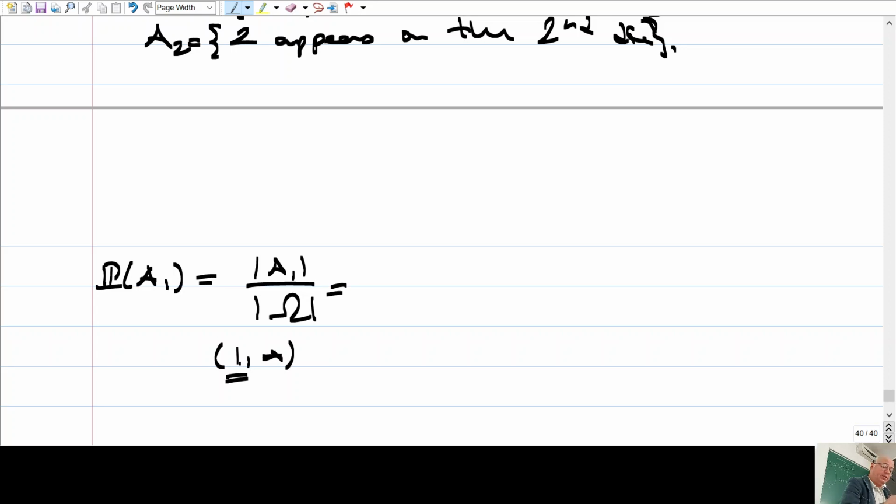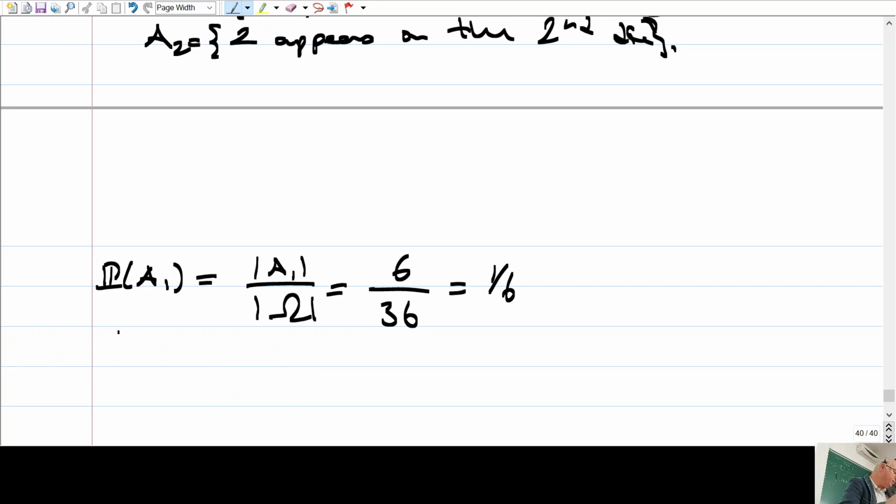We have 6 pairs, because when you throw 2 dice, the first one will have 1, the second one may have any number. What about the number of elements in omega? There are 6 times 6, 36 pairs. So P(A1) is 1 over 6.